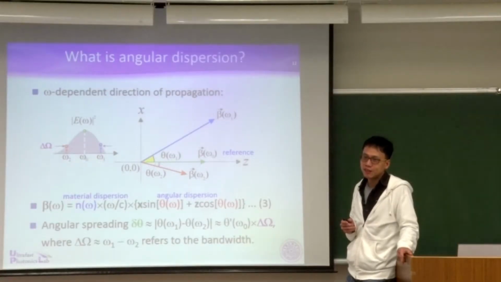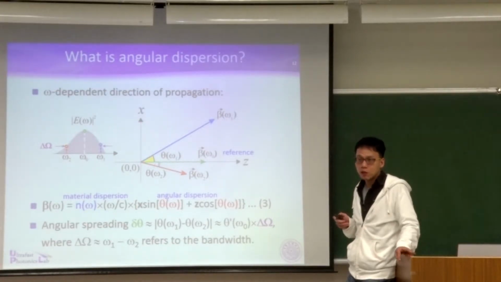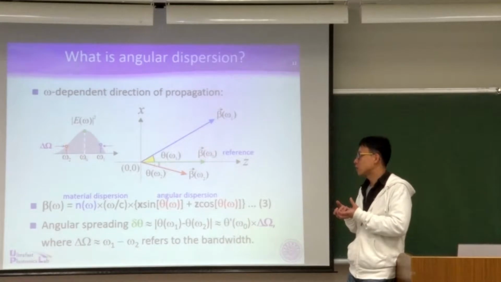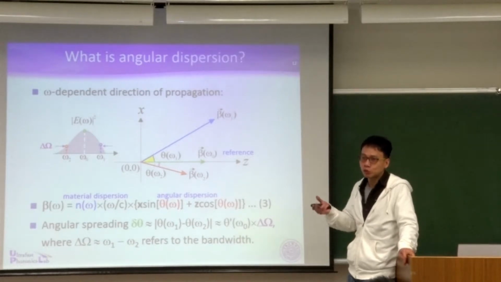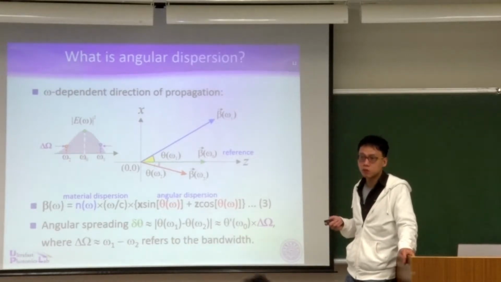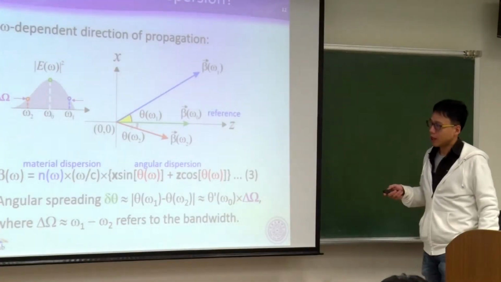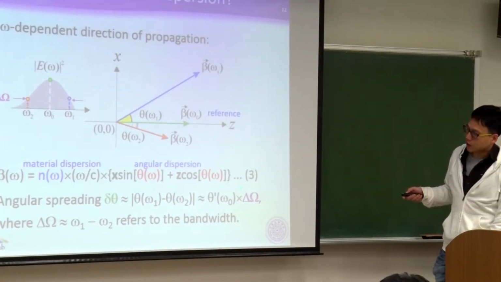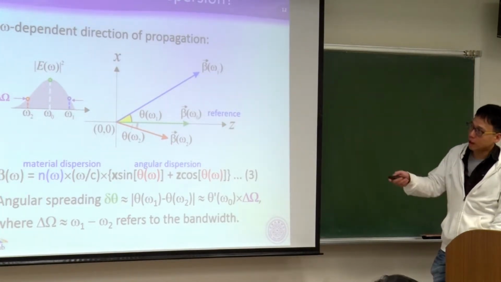And the angular spreading can be approximated by the first order derivative of theta of omega times the bandwidth delta big omega, which is shown here.